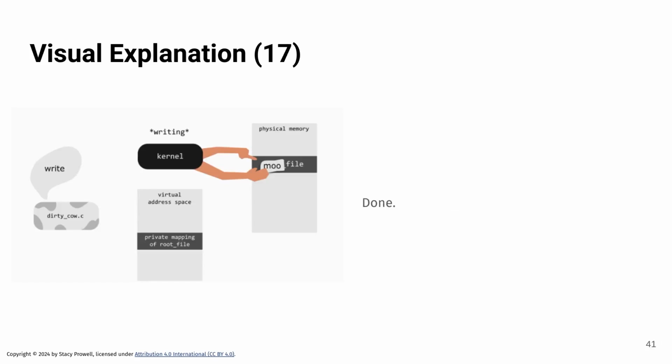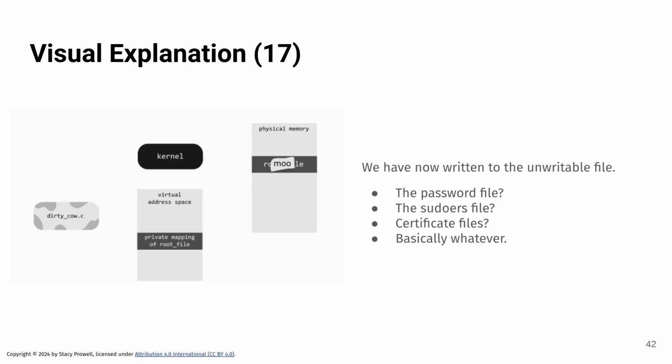We've now succeeded in overwriting the read-only file. The kernel has done that for us. Thank you, kernel. And you notice it wrote it directly into the read-only copy. There you have it. That's how it works. It's a combination of a number of techniques, like most really devious vulnerabilities are.